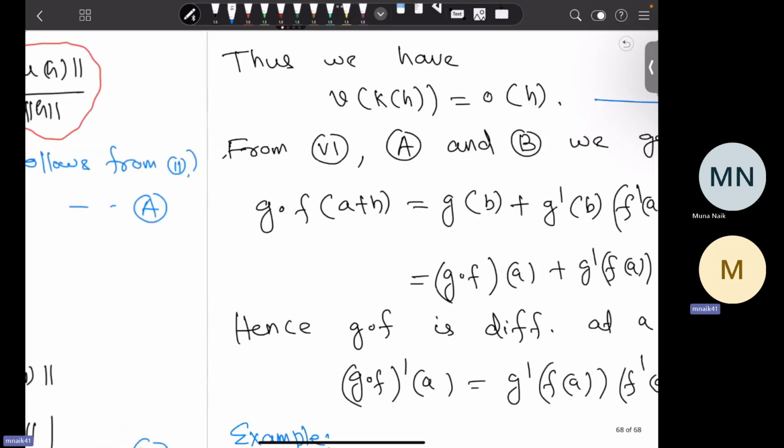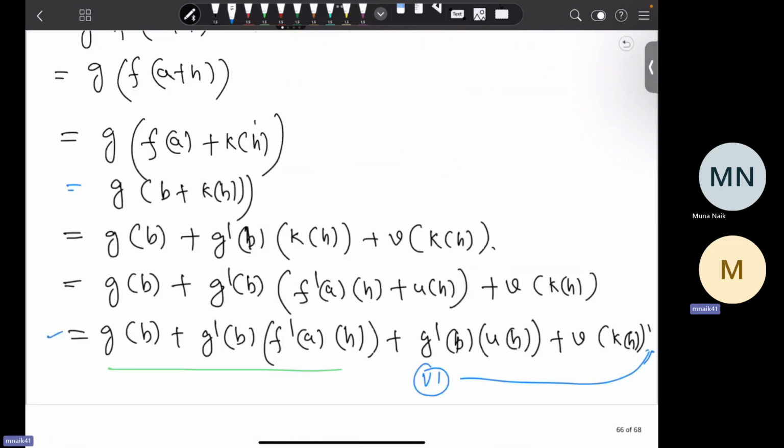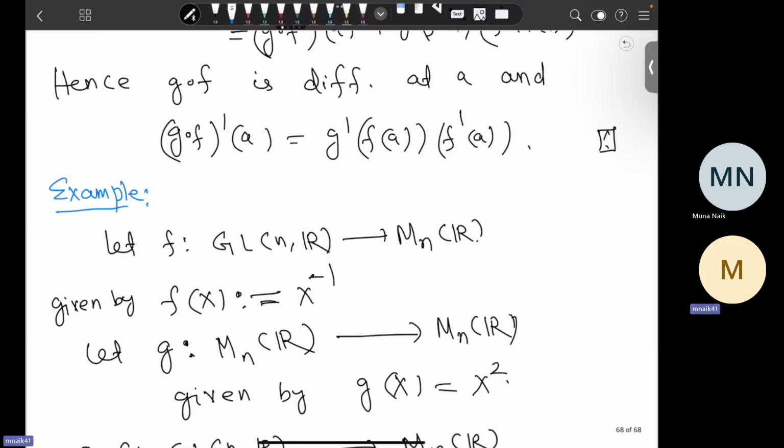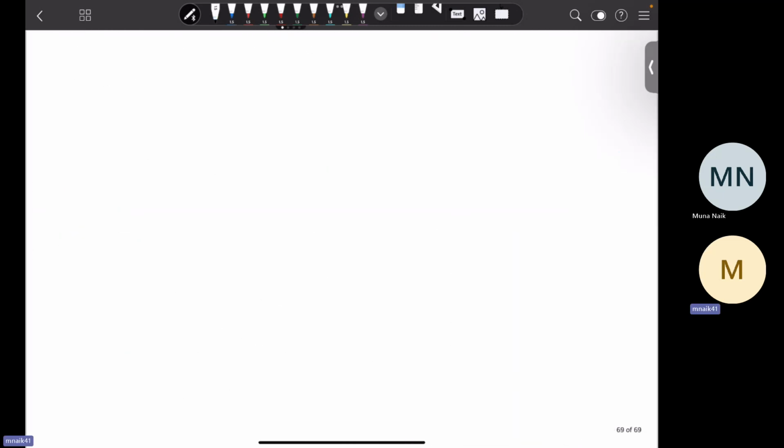Okay, so we know that G composition of f of x is equal to x to the power minus 2, and we have calculated this. We have shown that f prime of a at h is equal to minus a inverse h a inverse.